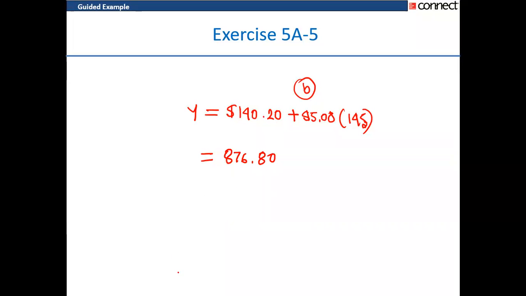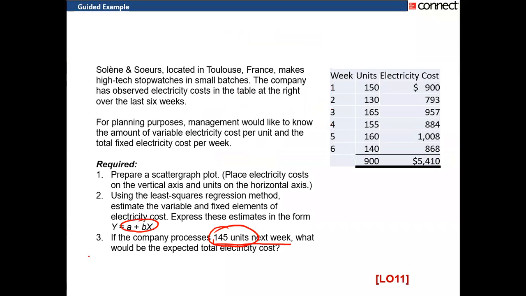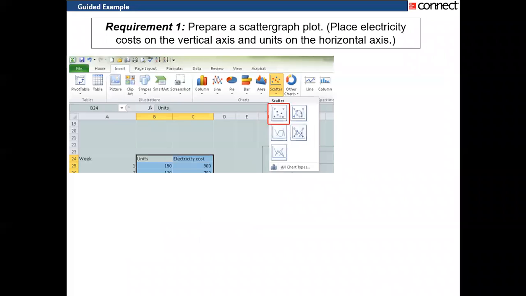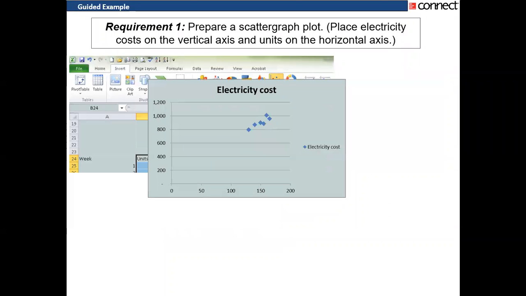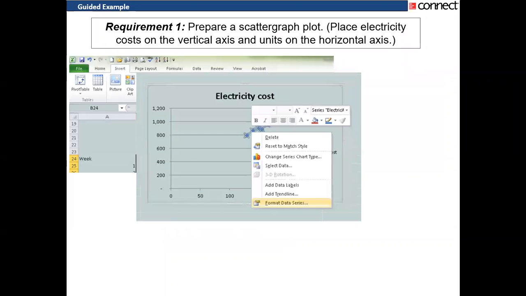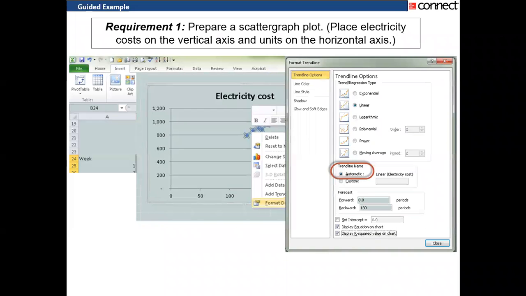Okay, so this is the way we can attack this kind of problem. This is requirement 1. They have used an earlier version of Microsoft Excel, that's why you see some old looking windows.